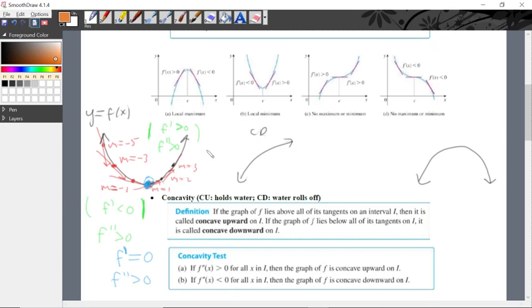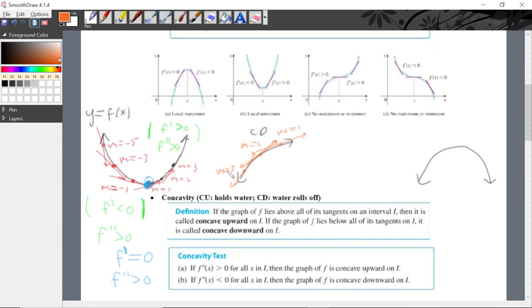All right, let's take a look at the slopes of some tangent lines here. We have a positive slope here. We have also a positive slope here, but not as positive. So let's say this first one is where m is equal to positive 3. But then along this tangent line, maybe we have m is equal to 2. And then maybe along this tangent line here, we have m is equal to 1.